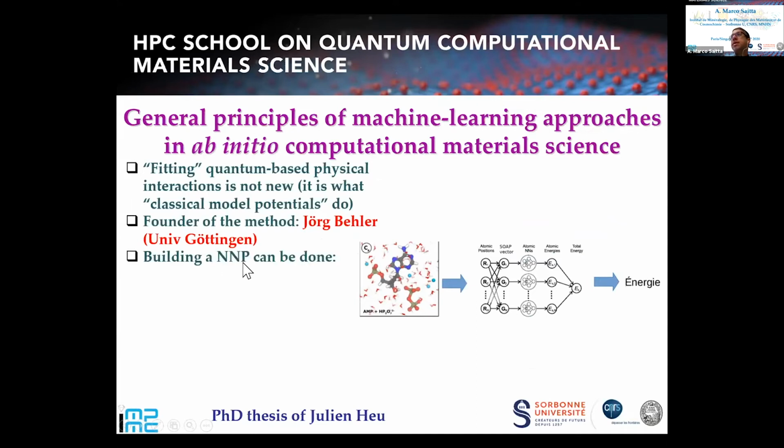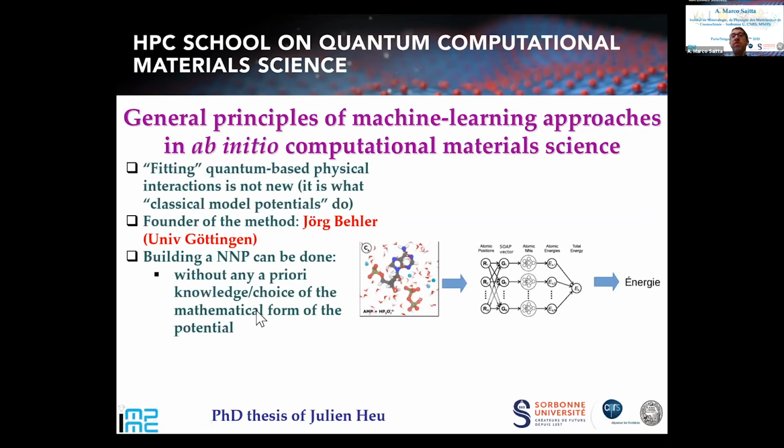To build this neural network potential, we have no a priori knowledge or choice of the mathematical form of the potential, which is a good advantage in terms of flexibility and a disadvantage in terms of physical control of the system. So it's something to handle with care. In general, we have a local perspective, that is, we try to build the total energy of a system as a sum of individual atomic energies.